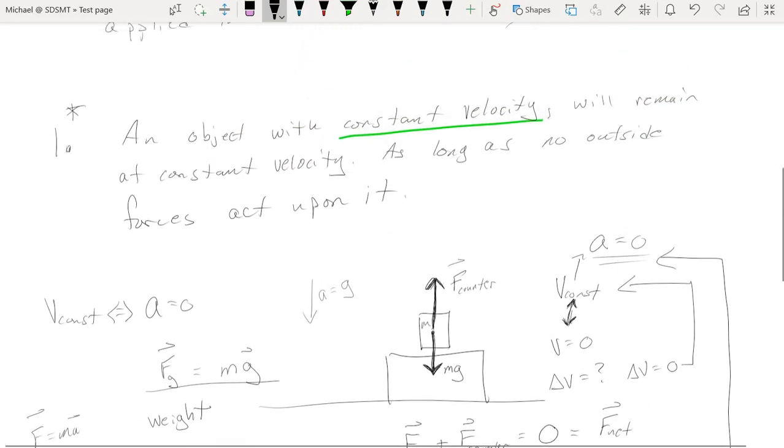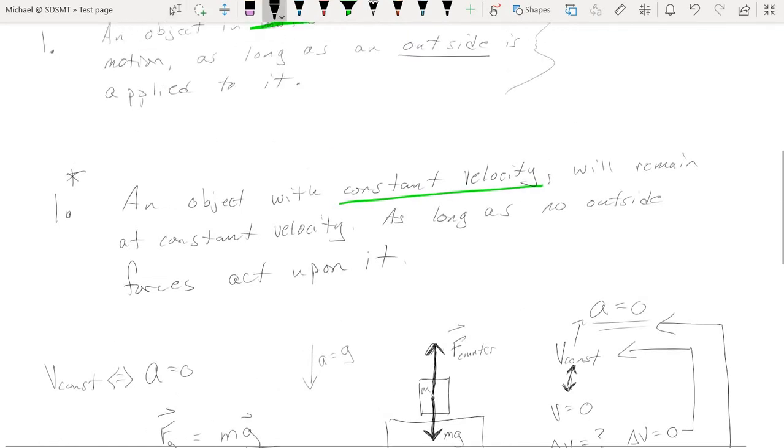So it is true that if we have a mass that is just floating through space, traveling along with a constant velocity, minding its own business, if there are no outside forces to add up, then technically the net force would be zero, which means that the acceleration on this mass would be zero, which means that its change in velocity would be zero, which means it could maintain a constant velocity.